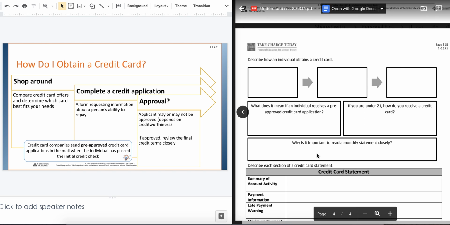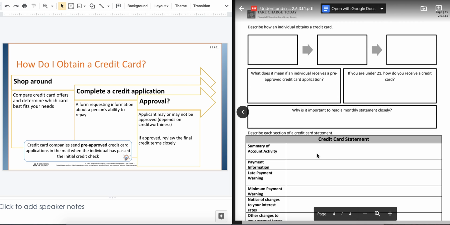I'll scroll down to our last page of the note guide. We looked at the credit application process in our credit basics notes, and that's pretty much going to be the same for credit cards. We want to start by shopping around. So we want to compare different contracts, different interest rates, different terms, and looking at that Schumer box to identify which of these different credit cards is the best for me.